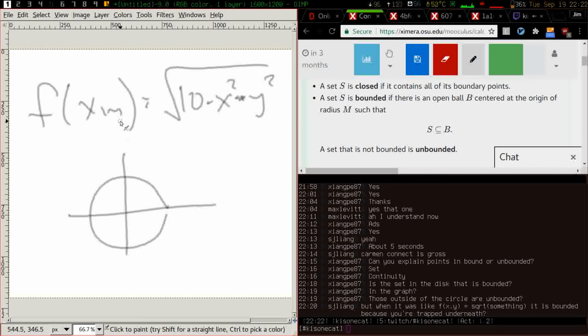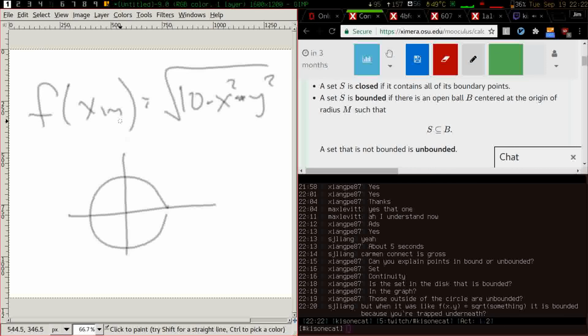What's confusing though is that whether or not the graph of a function is bounded is not the same thing as whether or not the function is bounded. We say a function is bounded if there's some big M so that the function's output is never bigger than M or smaller than negative M. But to say that the function's graph is bounded is to also assert something about its domain, and I don't want to conflate those two ideas.